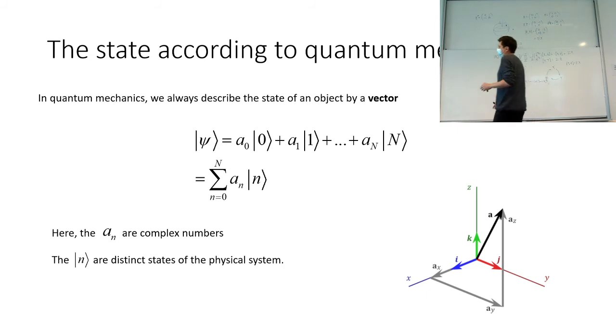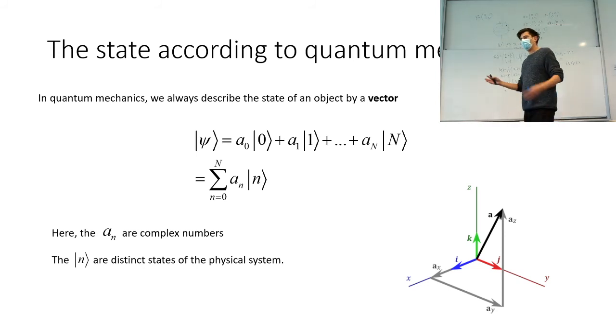So abstractly, this is what you do in quantum mechanics. You describe the state of an object by some vector. In quantum mechanics, this vector will be made of complex numbers. That's one difference already from classical physics.